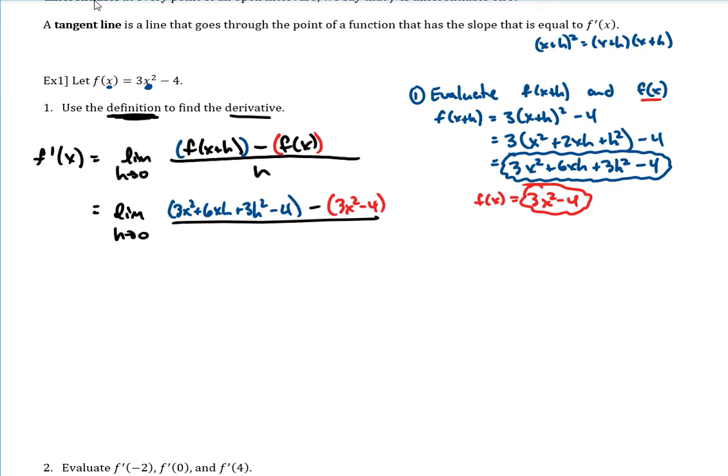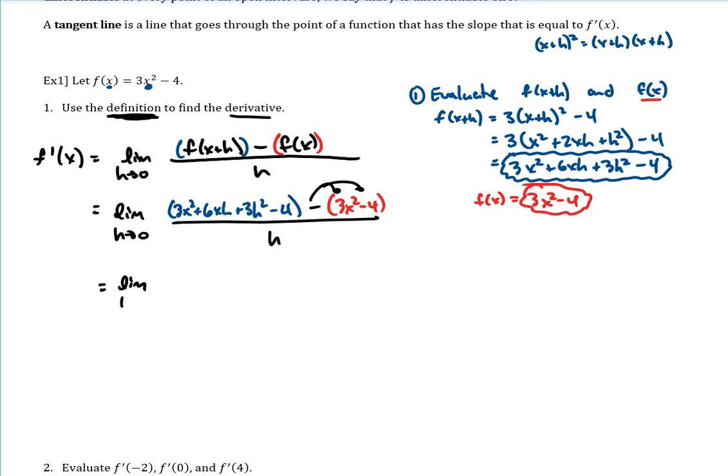Again, these parentheses here in the red, I recommend them no matter what. Put them in, because this minus will now distribute. So we never want to forget that the minus wants to minus everything. It's a very common mistake I see from students that just write out the 3x squared minus 4 and then forget to distribute. So the minus 4 gets forgotten.